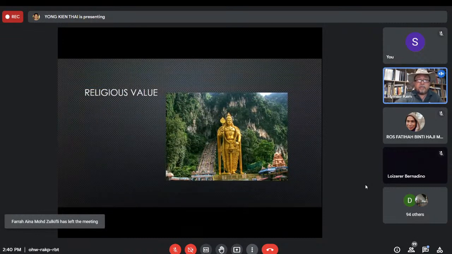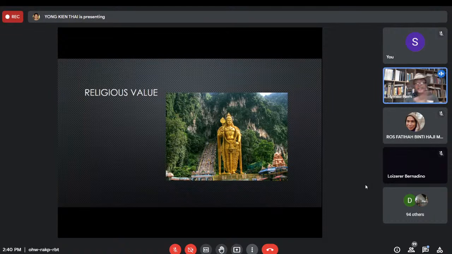Religious value we talked about just now. Basically, religions of East Asia, the Buddhist, the Taoist, Shinto, and all these other religions, they like to have their temples inside caves for whatever reason. But it has to be controlled, yes.